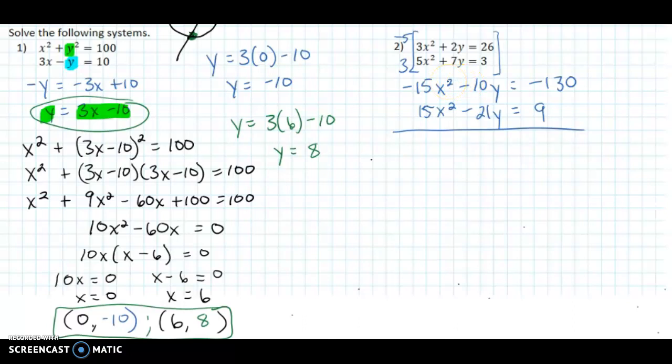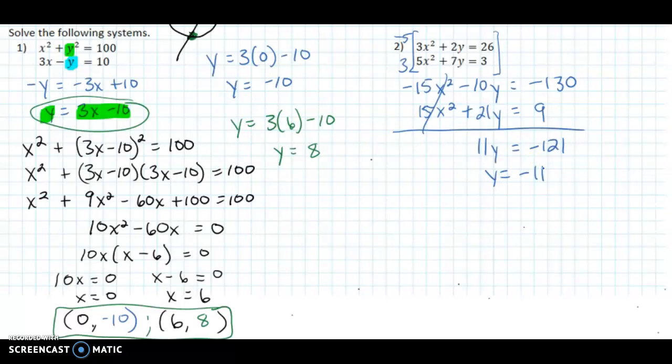This should be positive 21y. So those add to 0 here, those are gone. I get 11y here, and then -121. And so y is equal to -11.